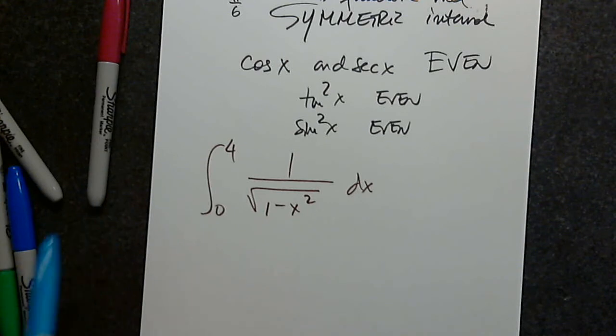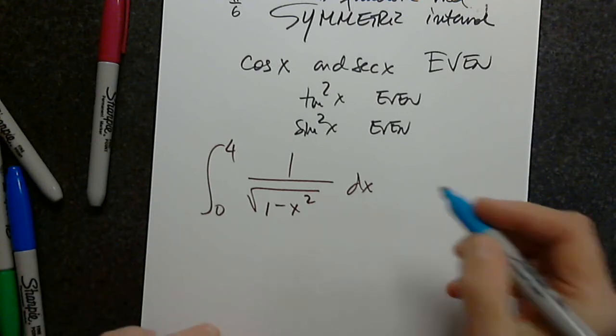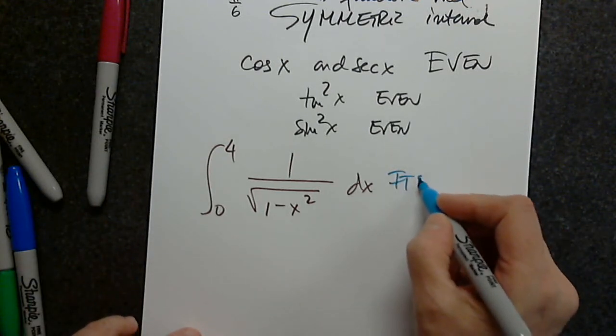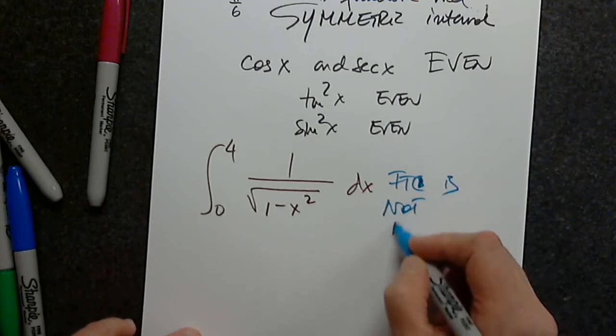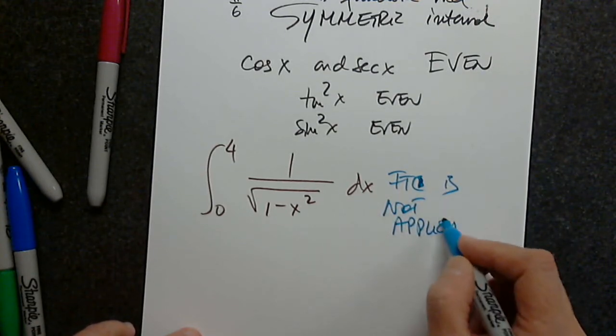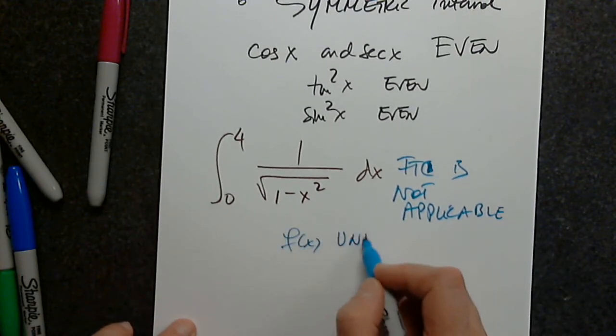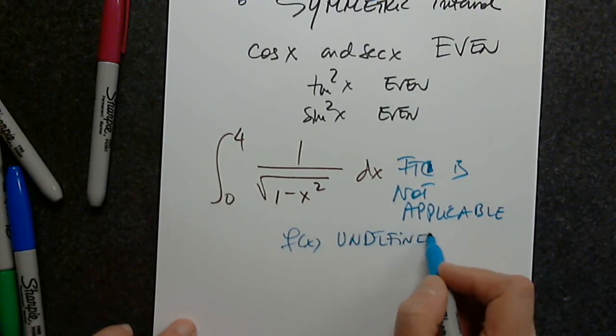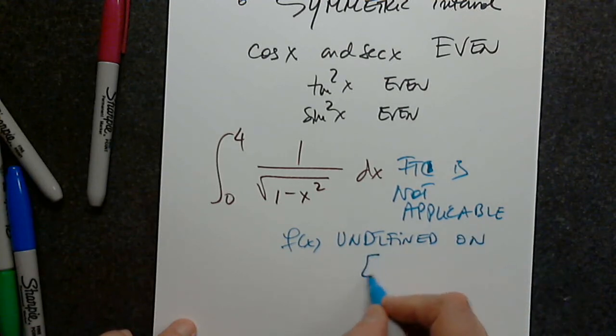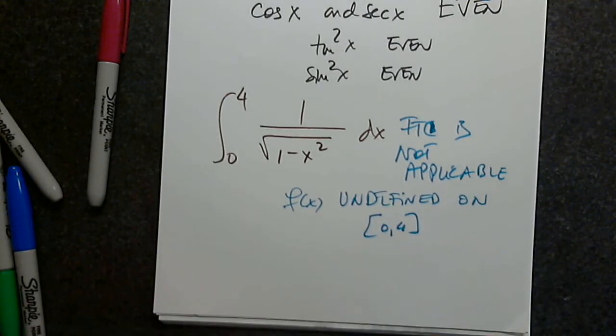So I will say FTC is not applicable, f of x undefined on [0, 4]. You don't have to mention where. That's good enough. You correctly identified the fact that it was not continuous.